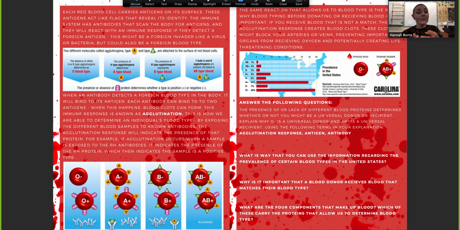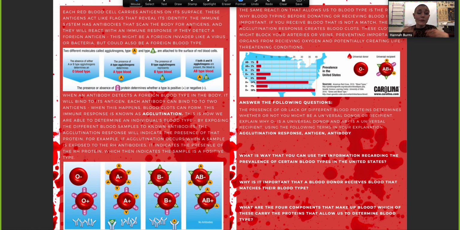There's nothing on the surface of the cell for it to react to. AB positive is a universal recipient because their body isn't going to recognize any other blood type as foreign, because the way that it determines whether or not there's a foreign blood type is by finding antigens that it's never seen before. If I have AB positive, I have literally every single type of antigen present in my body already, so it's not like it's going to show up as anything new.